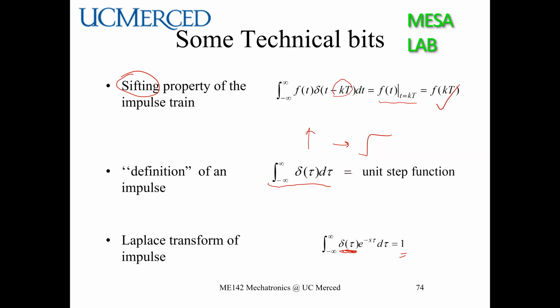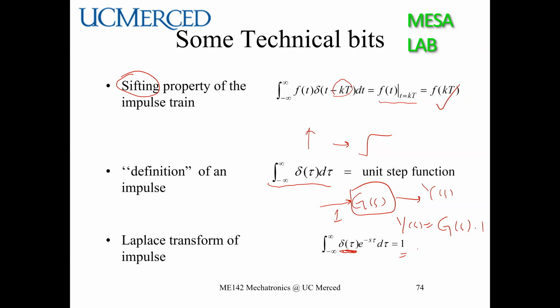That's why we simply say that you have a transfer function G of s, and the input is 1. Y of s is G of s times 1. So this is the input, right?